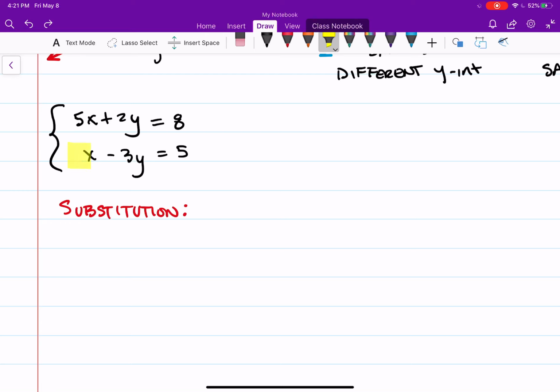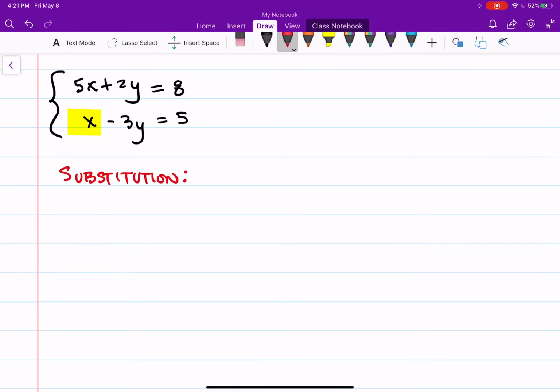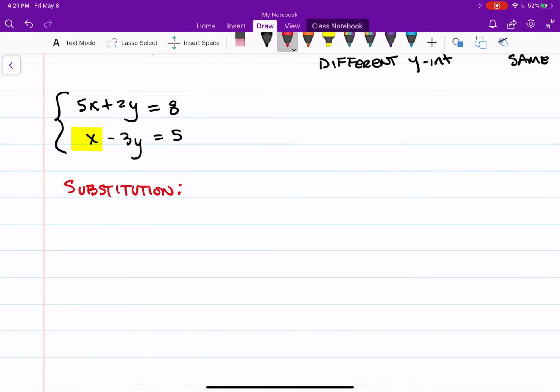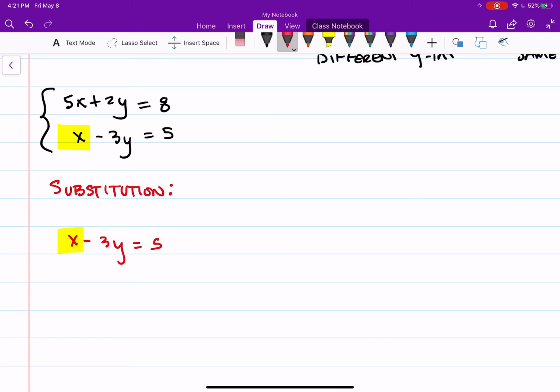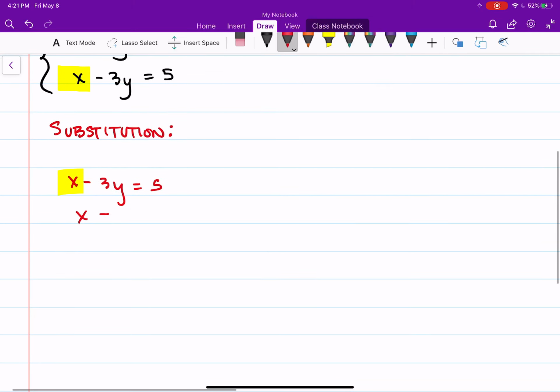It's this one right here. This has a coefficient of 1. So if that's the case with substitution, I want to solve for that x. I want to take this equation and solve for x and get x by itself. So what do I have? I got x is equal to 3y plus 5.